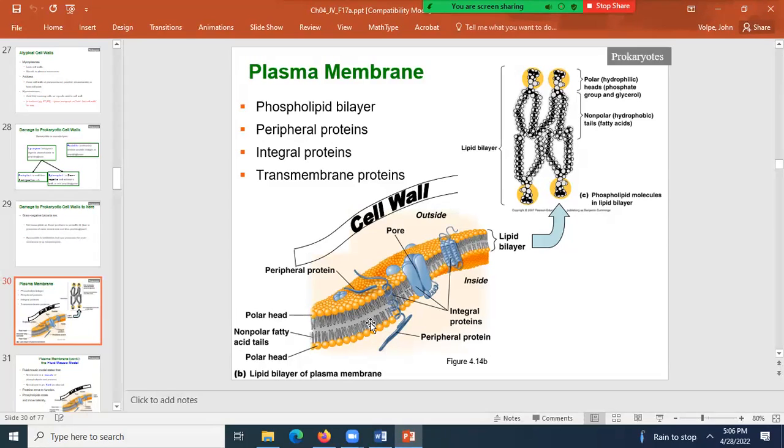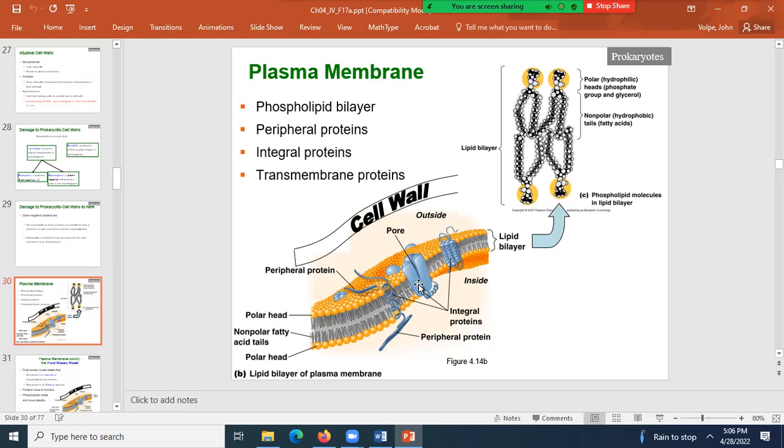Anything that does not dissolve in lipids cannot move through the cell membrane without a protein helping it. For example, the ions of sodium and chloride are pretty small, and even the hydrogen ion is really small. It's the smallest ion, and it cannot get through the lipid bilayer without coming through a protein.